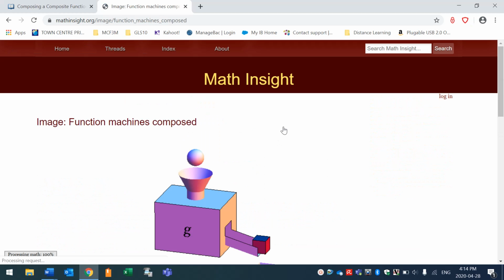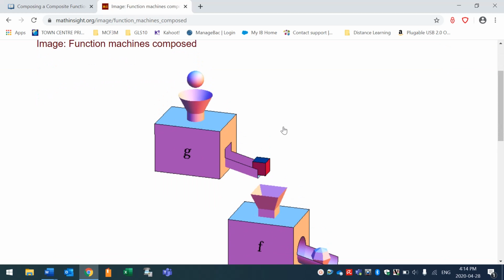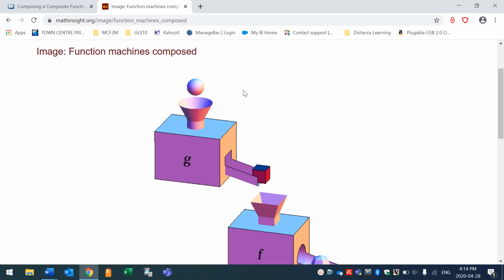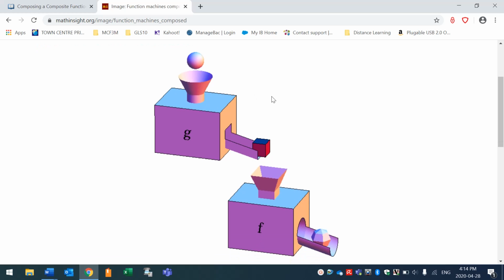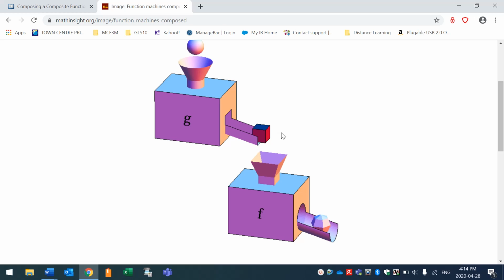Okay, so let's just look at the machines for a minute. There's an object going into function machine g. That object will represent a value, if g was a mathematical function. Out of function machine g comes a different value. In this case, it's a cube. So function machine g has changed a circle into a cube. That's what the function does.